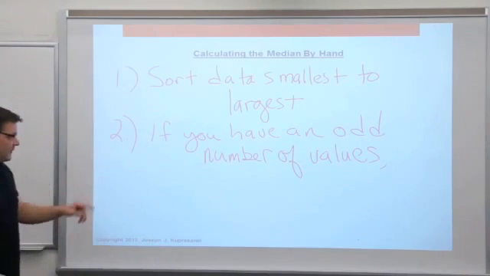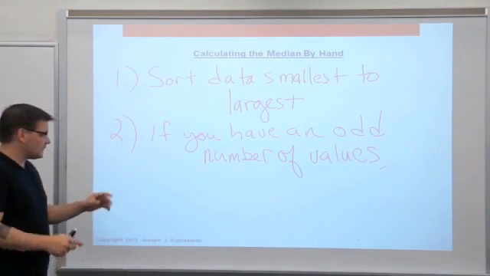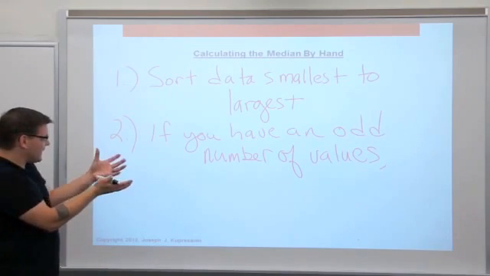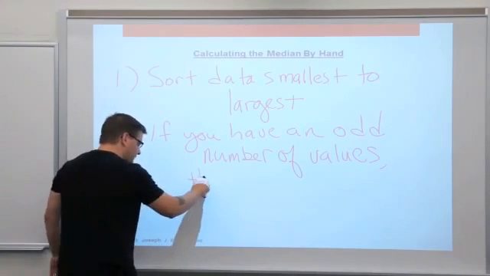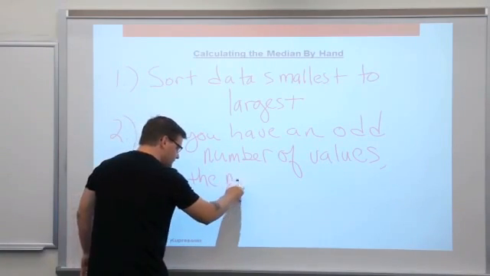Part 2, if you have an odd number of values, so count up your data values, then the median will be the one that falls right smack in the middle once they're sorted.